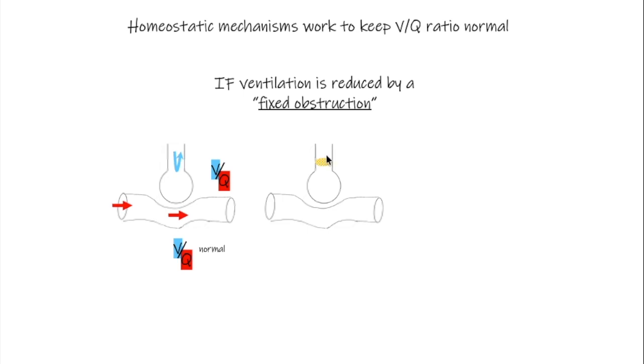So what we can see is going to happen is that our perfusion, shown in red, is going to be normal initially, and yet our ventilation is what's going to be reduced. So in this case, we're no longer getting oxygen delivered to the alveoli. If we look at this particular localized area of the lung, we would show that the ventilation is reduced compared to the perfusion.